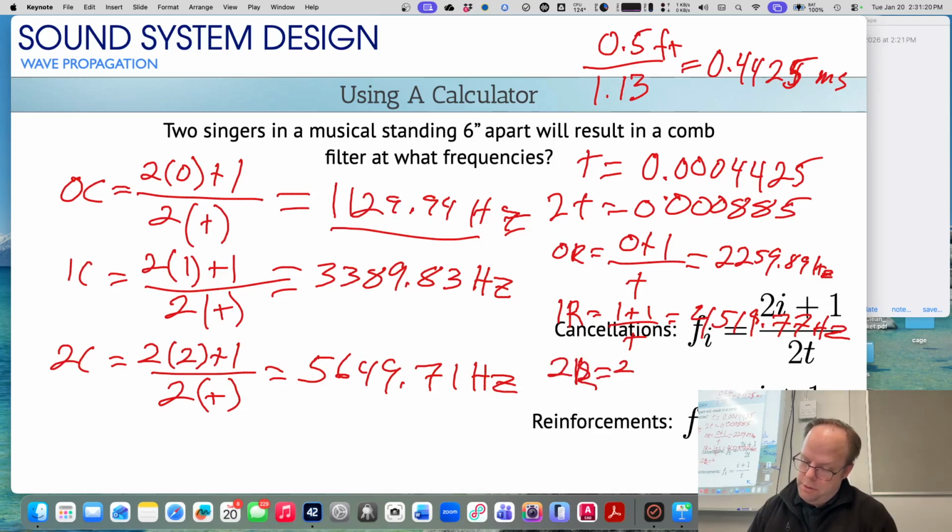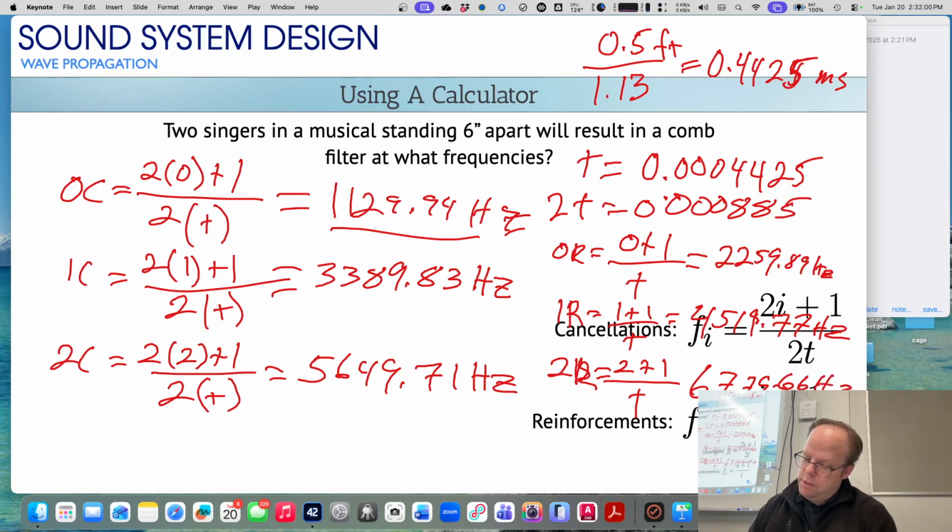Okay, so now we're going to do 2 plus 1 divided by t. So 3 divided by 0.000445. 6,779.66 hertz.